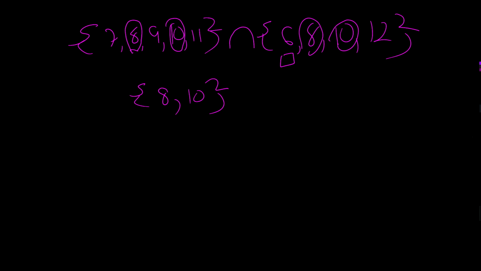Well, if we have intersections, we can also have unions. So A union B, and the union of the set is such that it really talks about grabbing all of the elements.